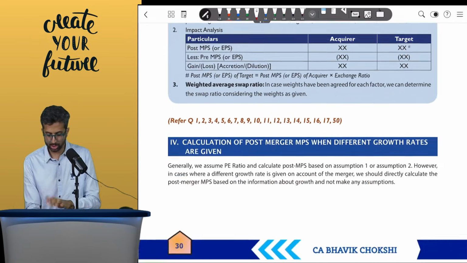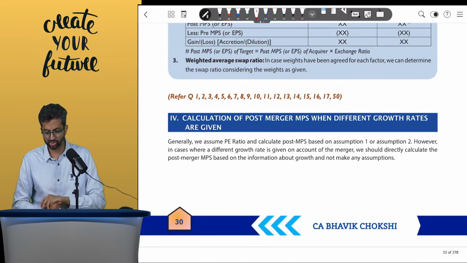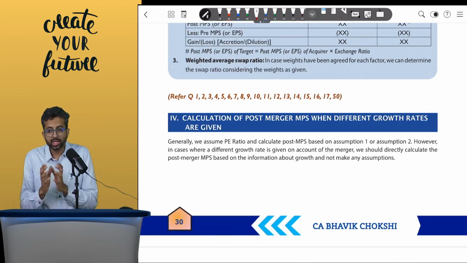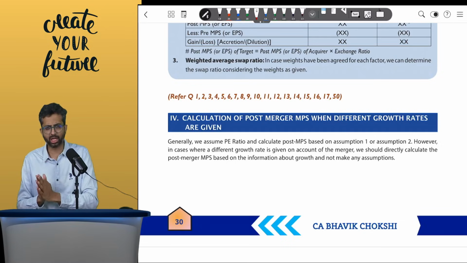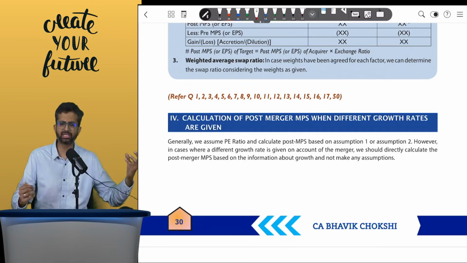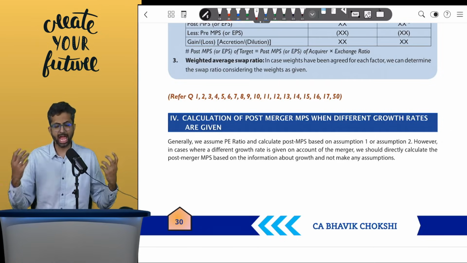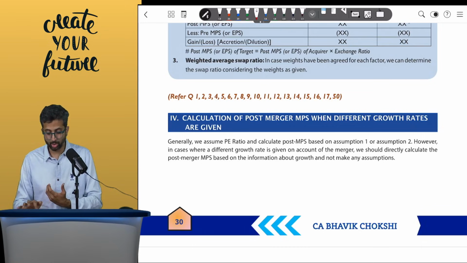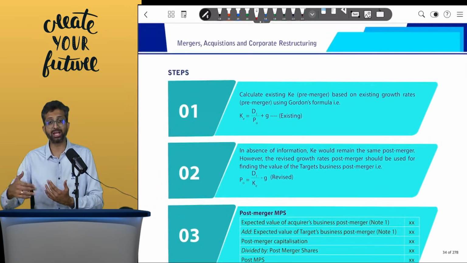Okay, next you look at the calculation of post-merger MPS when different growth rates are given. This, in my opinion, is a very important case where you will look at the current data of the target. Based on that, you will find the KE of the target based on the existing dividend, the existing price and the existing growth. That KE is assumed to remain the same, and you will find the intrinsic value of the target by taking the new growth rate.